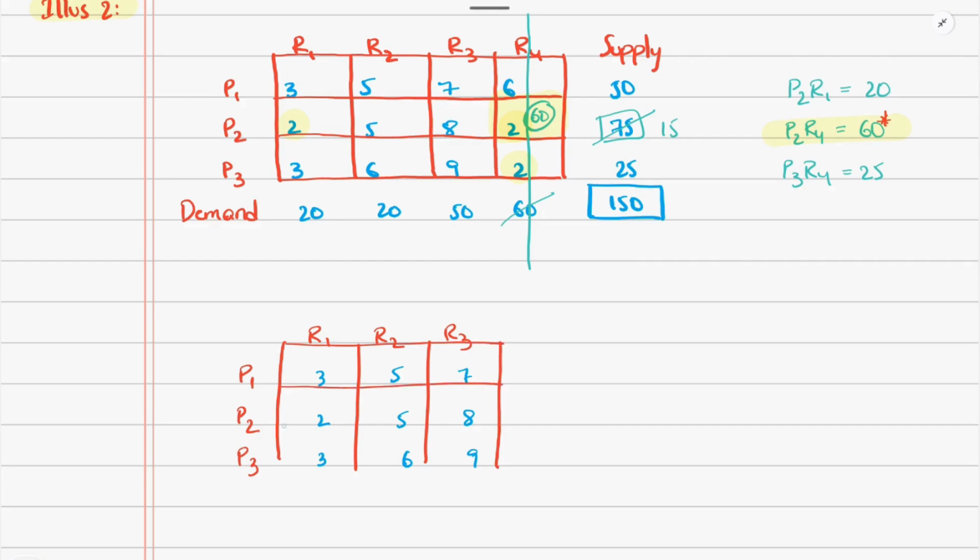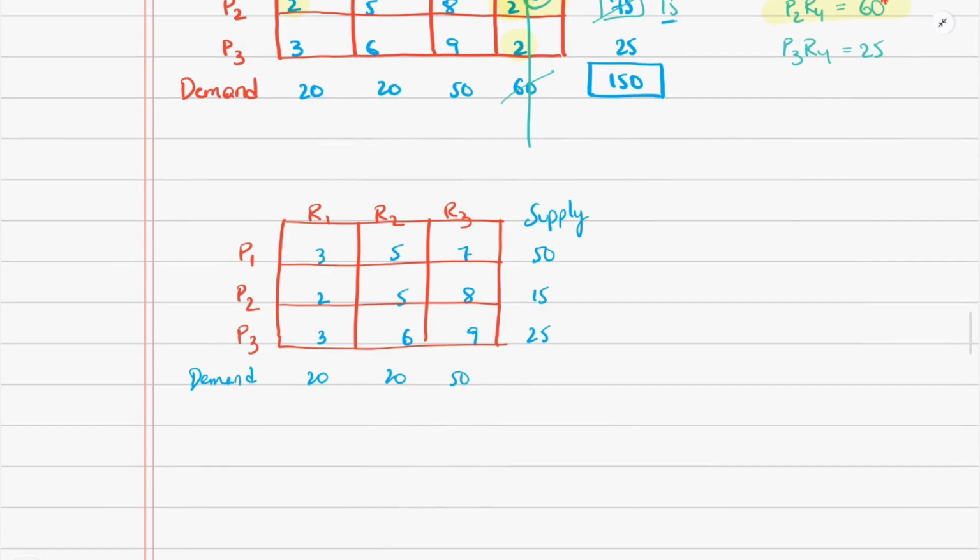Now I'll also write the supply and demand. So our supply is 50. Here we only have 15 units left. And from P3 it is 25. When it comes to demand, it is 20, 20, and 50. Now the same story repeats again.